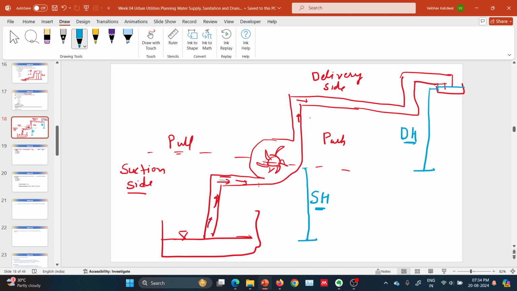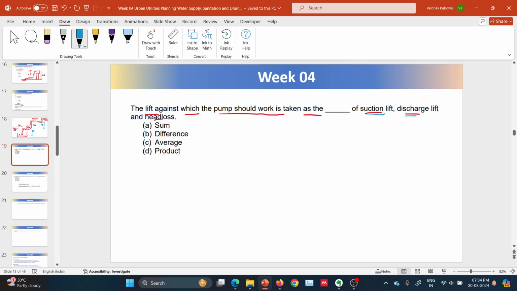Sometimes expansion is there, so expansion loss, bend loss, curve loss. All these losses we have to count, and that will be taken as the total head requirement for that pump. So that will be the sum of the suction lift, discharge lift, and head loss.